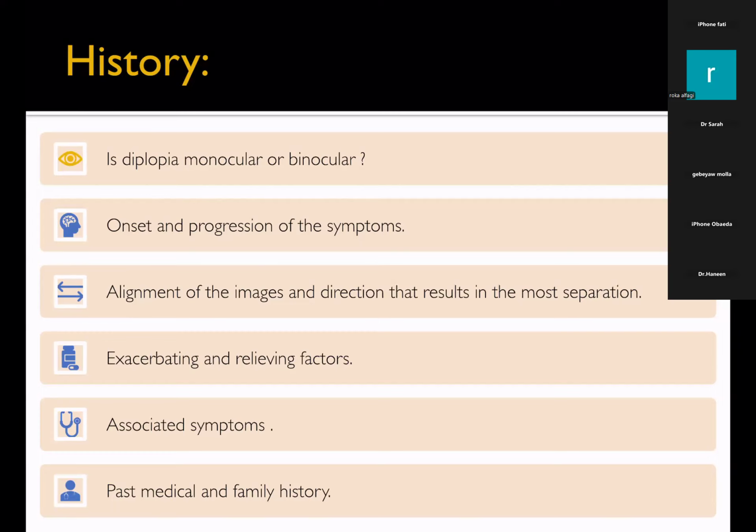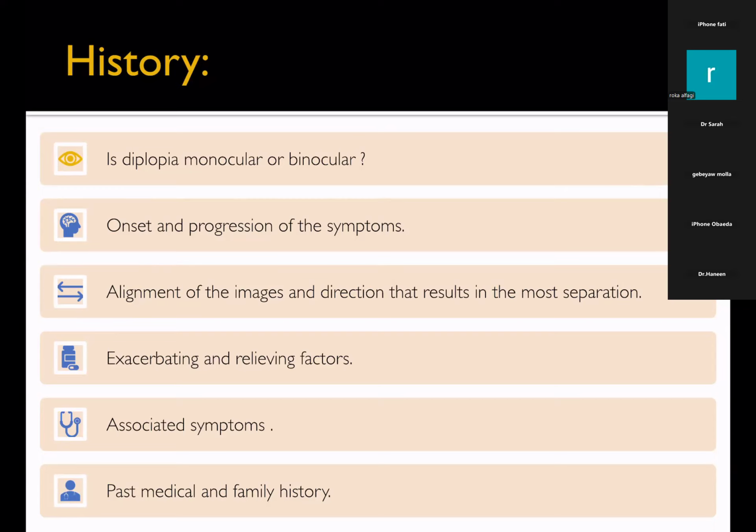And furthermore, we have to ask about exacerbating and relieving factors, whether the diplopia is relieved by rest, whether the diplopia is relieved by ice packs, whether the diplopia appears more at the end of the day, whether the diplopia can be relieved by taking specific medication or not. Any associated symptoms, as I mentioned, like ptosis, muscle weakness, systemic features, dysphagia, which means difficulty in swallowing.